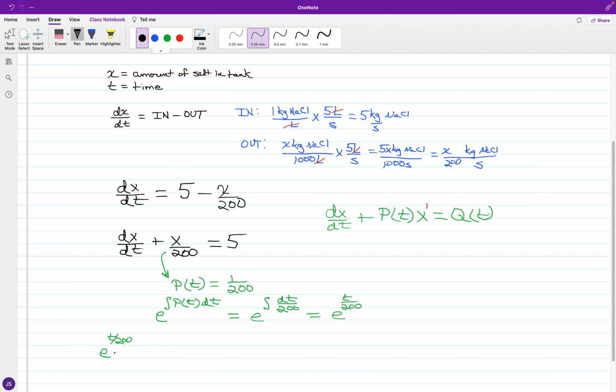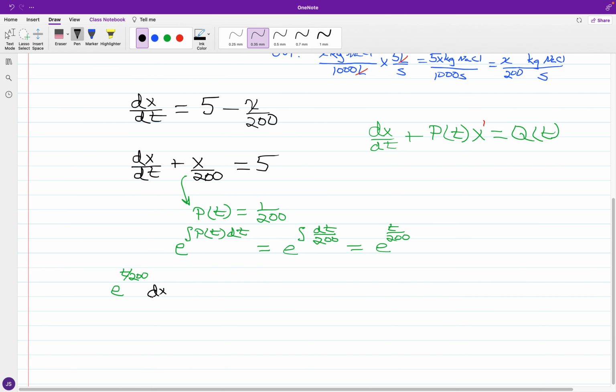dx over dt, okay, so we have plus e to the t over 200 over 200 times x is equal to 5 times e to the t over 200.